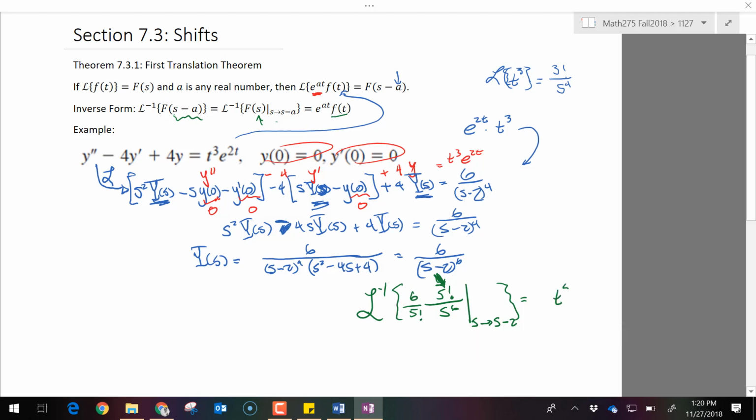So I have t to the fifth power. And then because this has been translated in the s world, I need to multiply this by e to some power. So e to what power? E to the negative, or should be positive, yeah? E to the 2t.